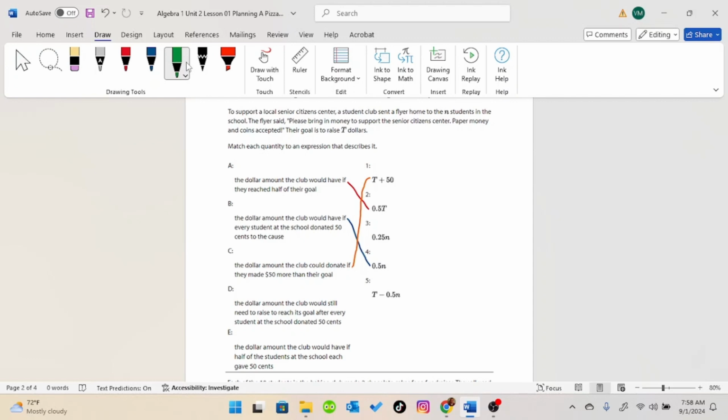That is not the correct expression for this description. Expression 5 says we're going to take the total goal. We're going to subtract 50 cents times the number of students. That is the correct expression for this description. So description D matches expression 5.